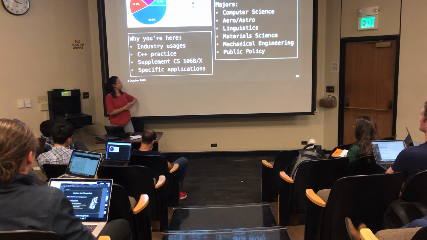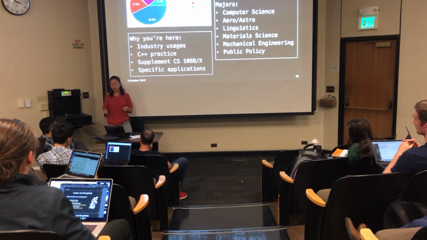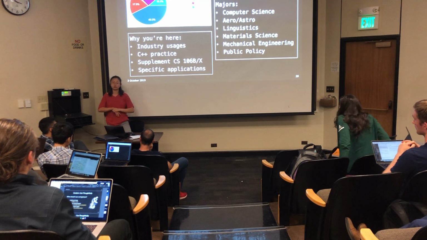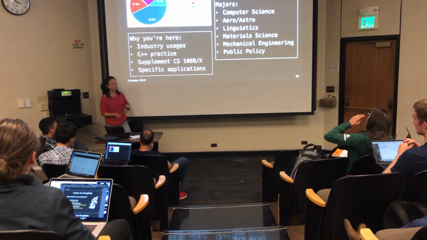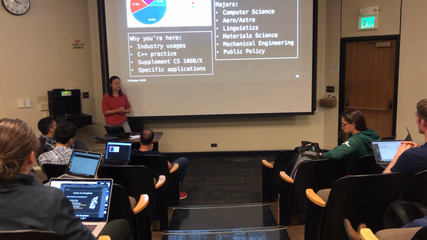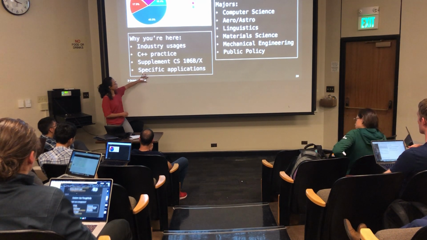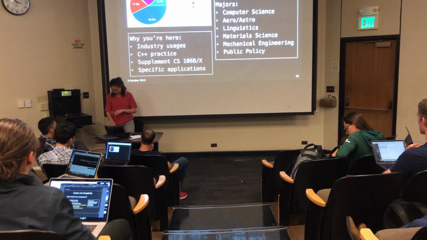For those of you who are taking the class because you want to learn how to apply C++ to specific work that you're doing or other applications, we won't necessarily cover those directly in class, but we do encourage you to come talk to us at office hours, which we will be releasing with the assignments tomorrow or today. That way we can also talk to you about specific things that you're interested in. So we won't necessarily cover this, but we will try and focus on these three applications to make the class useful to you.